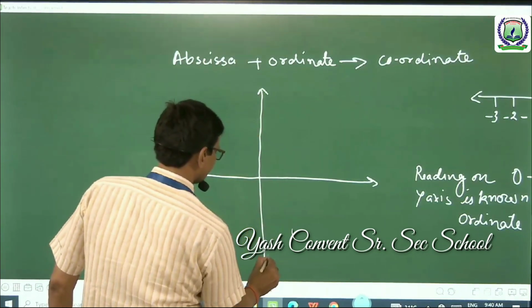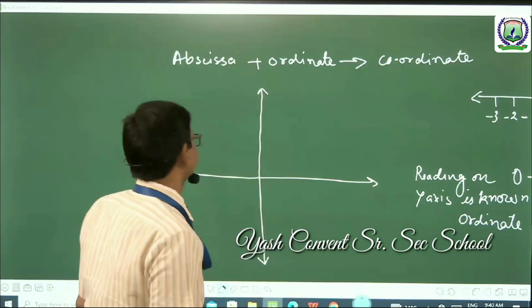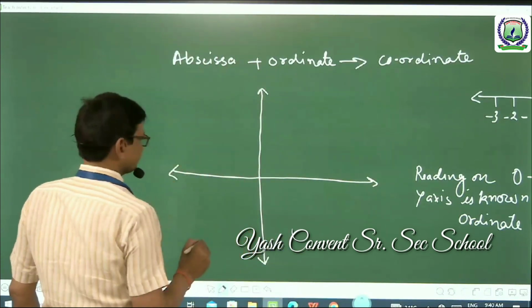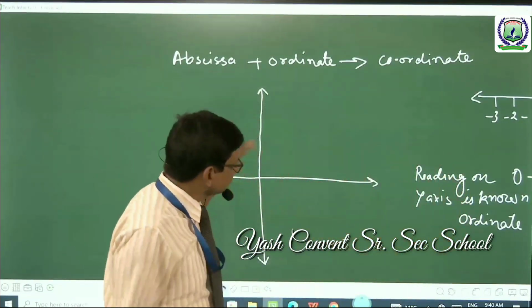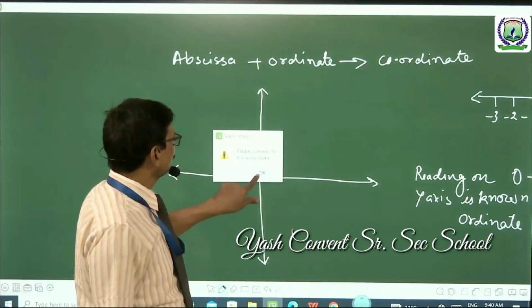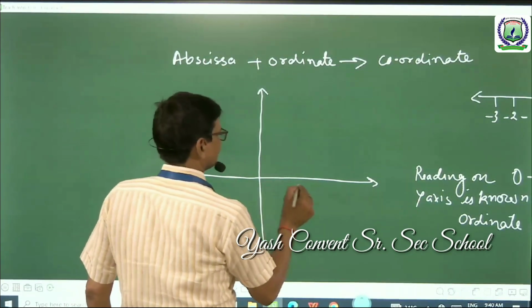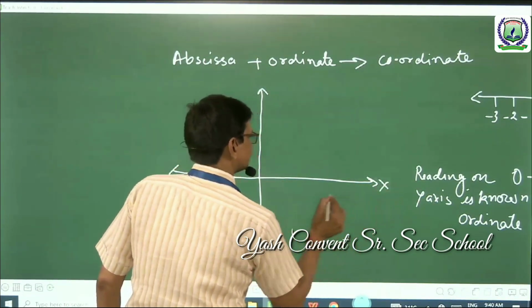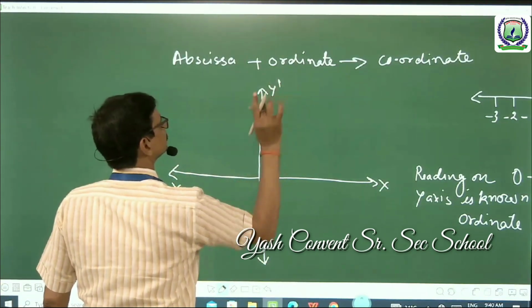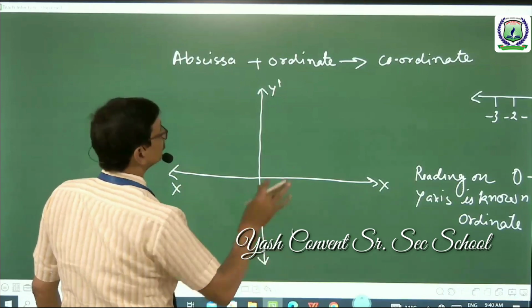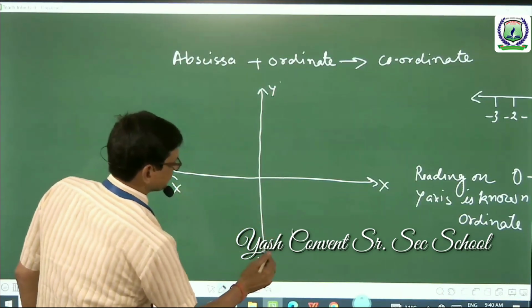First we write the reading on the x-axis, and second we write the reading on the y-axis. Here this is the x dash axis, and here the y dash axis.